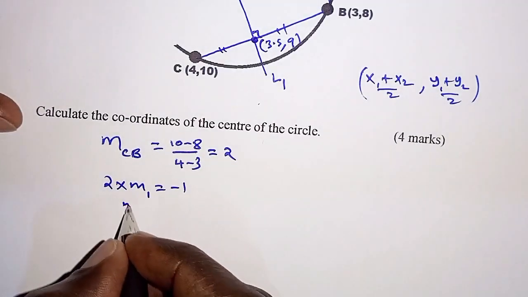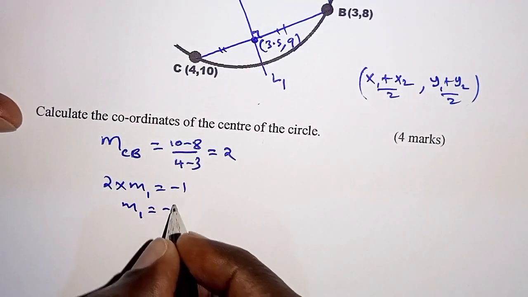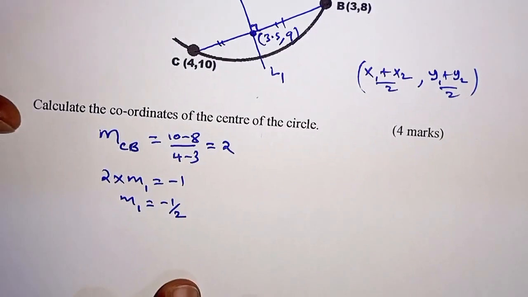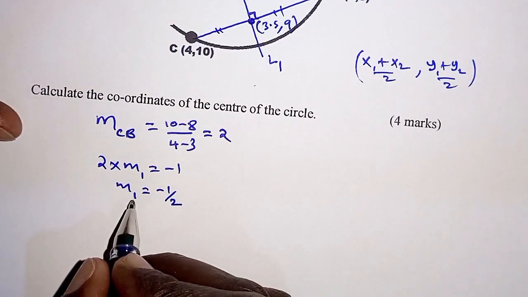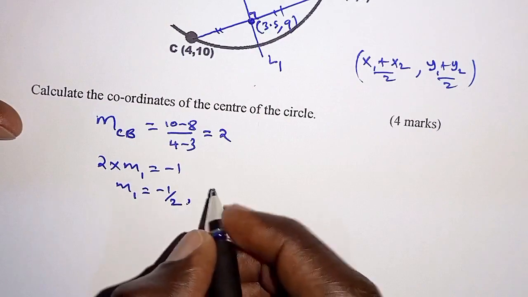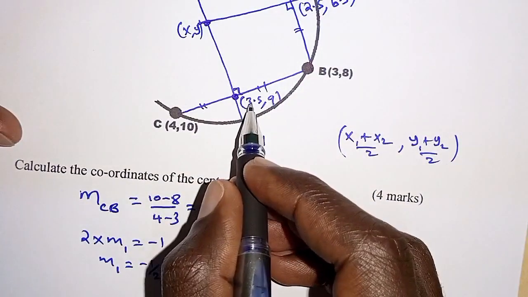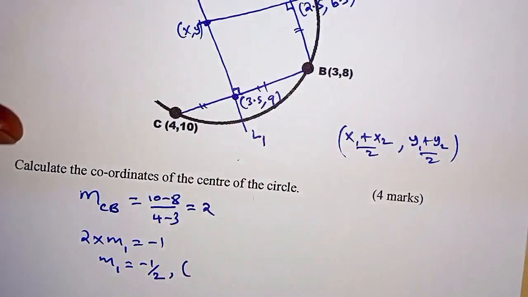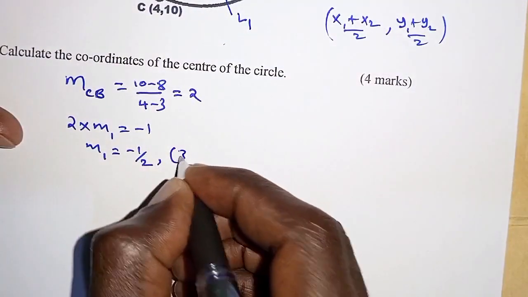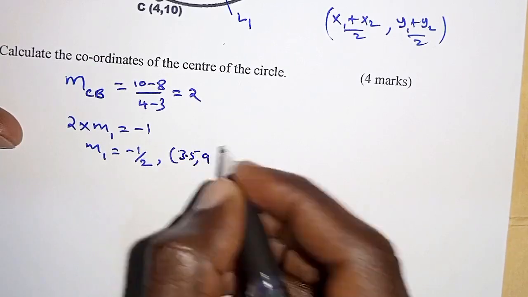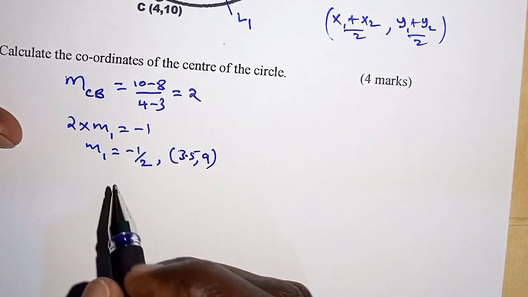And this means that M1 is -1 over 2. That is dividing both sides by 2. So having known the gradient of line 1 and also a point on the line, which is 3.5, 9, we can now determine the equation of the line.